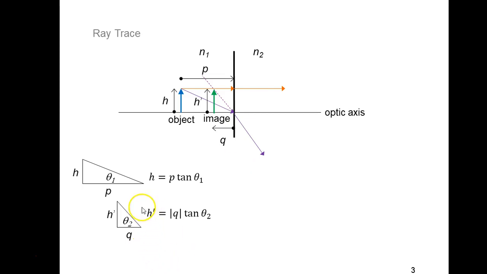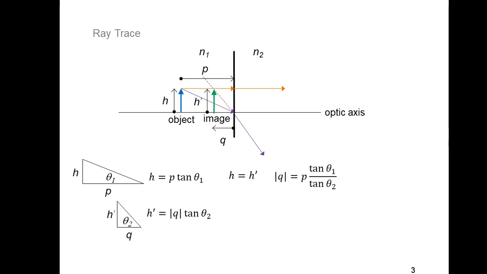Okay, now notice I can write that H prime is the absolute value of Q times the tangent of theta 2. And I'm just putting absolute value signs on here to emphasize that Q really is negative if we're being sticklers. Now, we know that H equals H prime. So I can equate these two equations, and I can end up with the image distance, absolute value, is the object distance times the ratio tangent theta 1 over tangent theta 2.